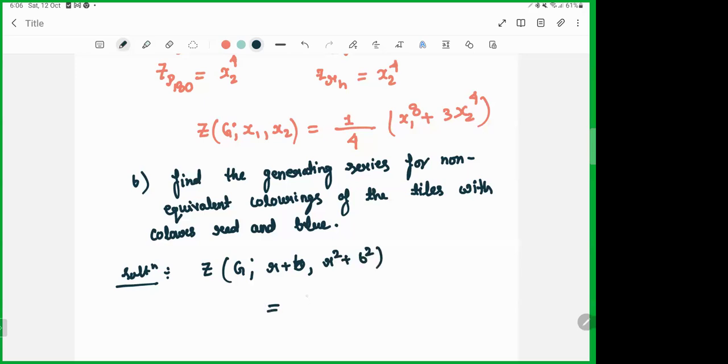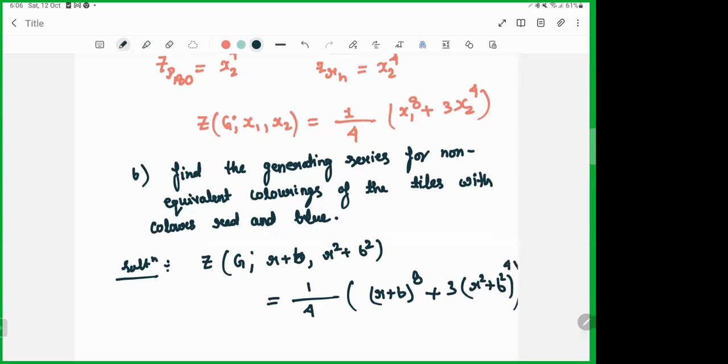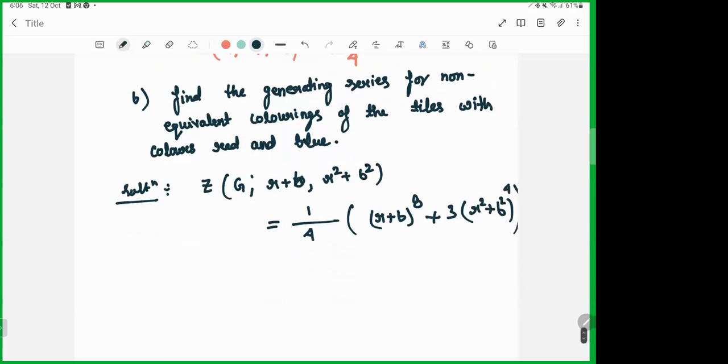This will be 1 by 4 times (r plus b) to the power 8 plus 3 times (r square plus b square) to the power 4. This is the required generating series.